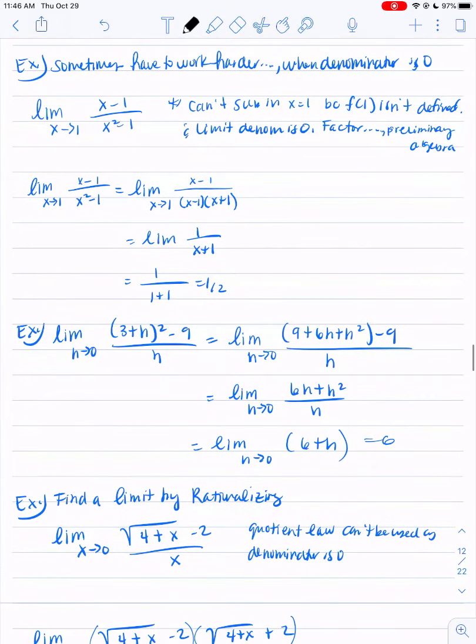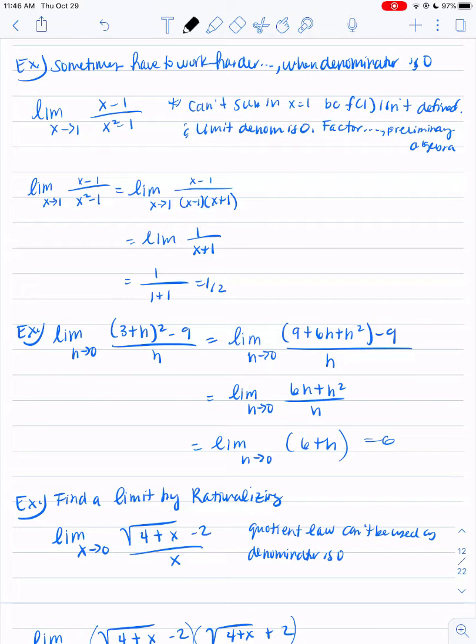Okay, so as we've seen before, sometimes as x approaches a, f of a doesn't necessarily exist. So sometimes we have to work harder, like when the denominator is 0. So in this case, we can't just directly substitute x equals 1 because f of 1 isn't defined.